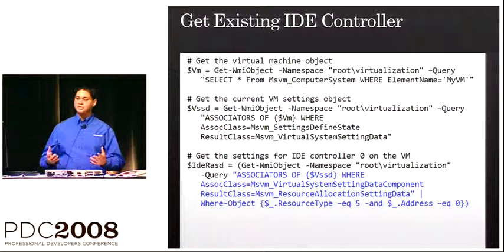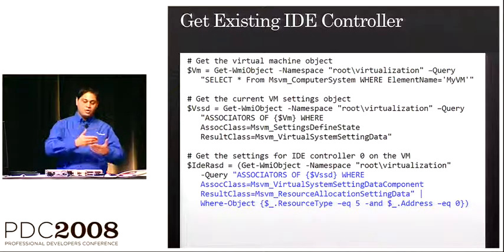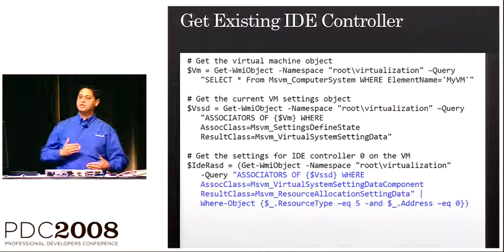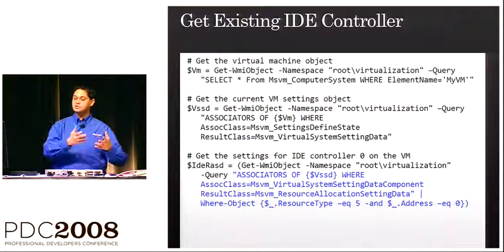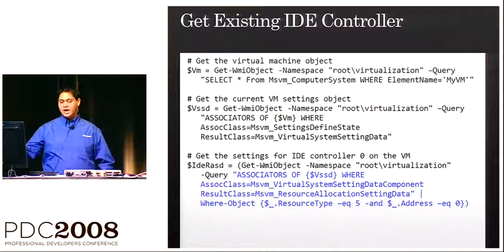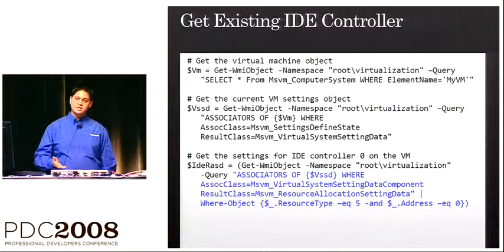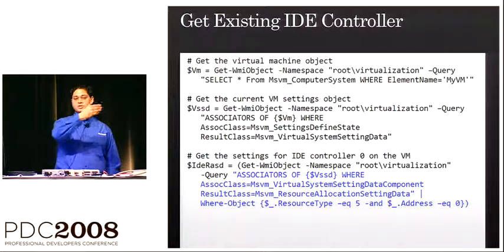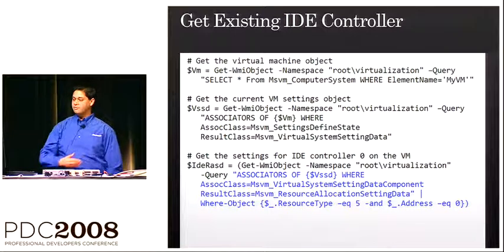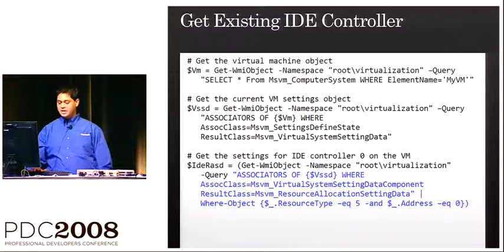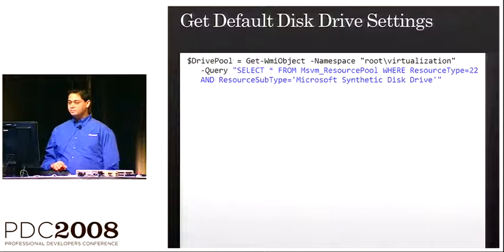Remember, we talked about the address, which is what does the connection into the virtual machine look like? At what address in the virtual machine is this device located? So an address of 0 for an IDE controller is basically going to tell you, well, this is the primary IDE controller in that virtual machine. So now we've got our hands on the primary IDE controller.